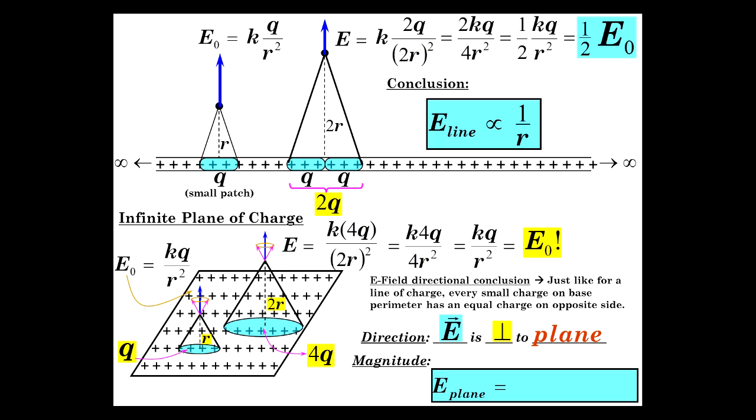But the magnitude of the electric field produced by the plane, as evidenced by these two different distances, r and 2r, perpendicular to the plane, you're looking at a different distance away, and we discover that the E field is constant everywhere. So that summarizes point charges, line charges, and an infinite plane of charge.